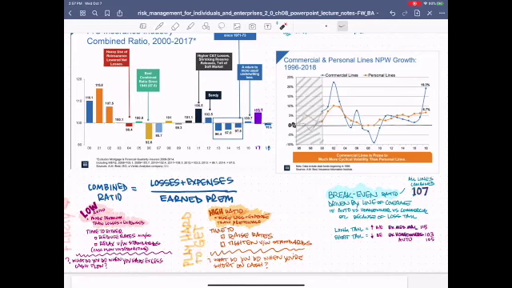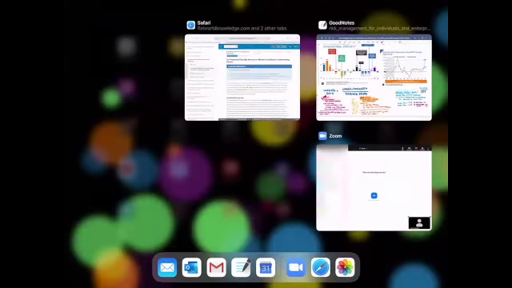If you're interested in this kind of data-driven analysis, one of the hugest consumers of analytics and consultants is the insurance industry. You will find so much written about insurance.